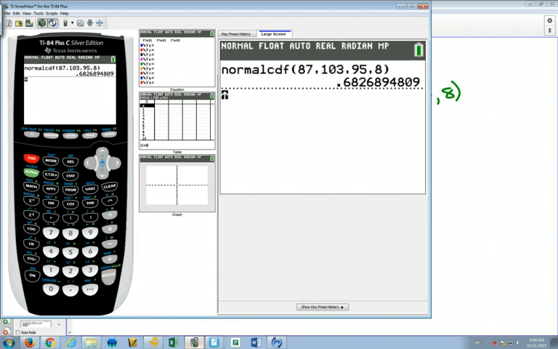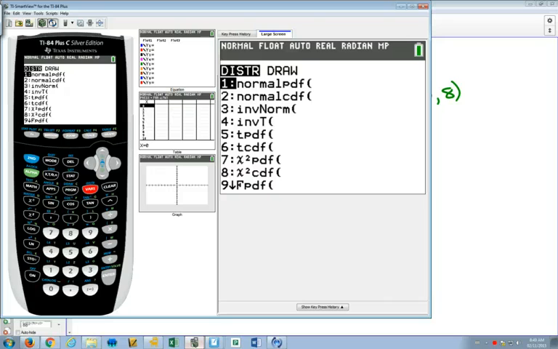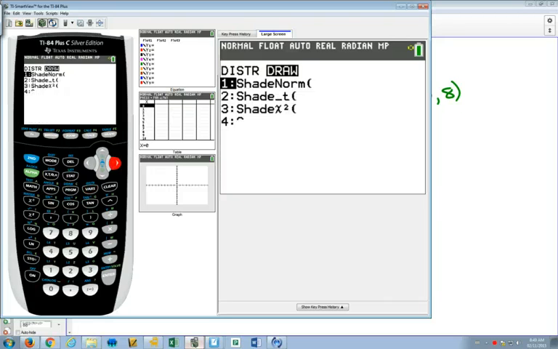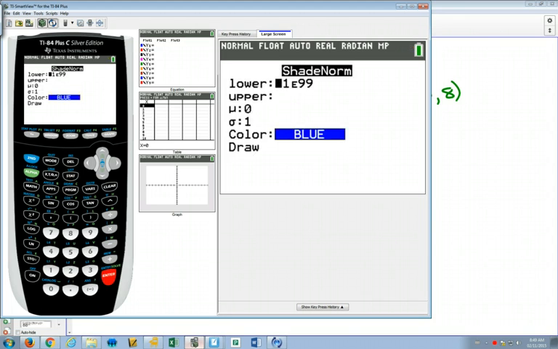So we'll get this here. What we're going to do is go back to distribution. And beside distribution is draw. So if you go over to draw, you can shade a normal curve. If you push enter on that, again, our lower one was 87. Our upper one was 103. Our mean was 95.